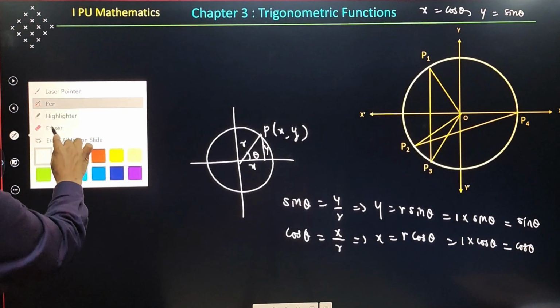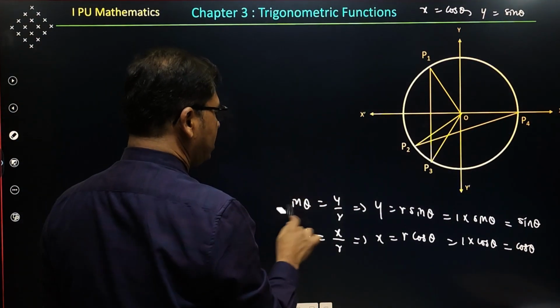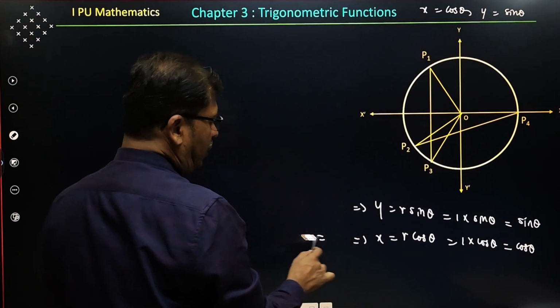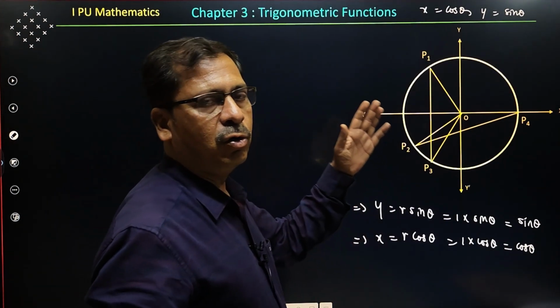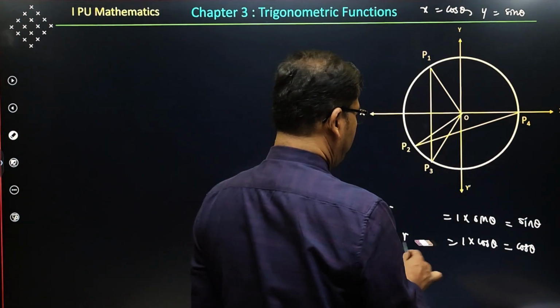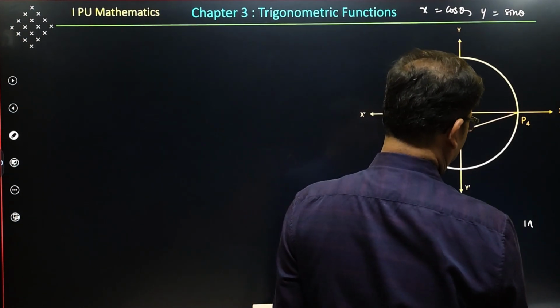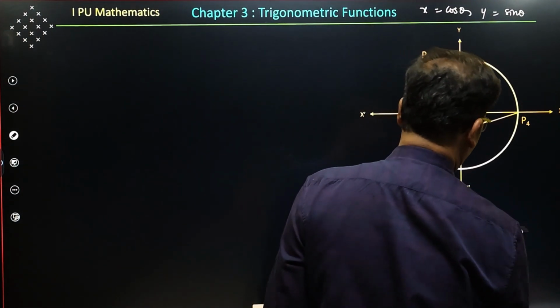Now let us continue the next calculation. In this view, you have to think of what is the coordinate of the point P1, P2, P3, and similarly P4. Let me write these four.